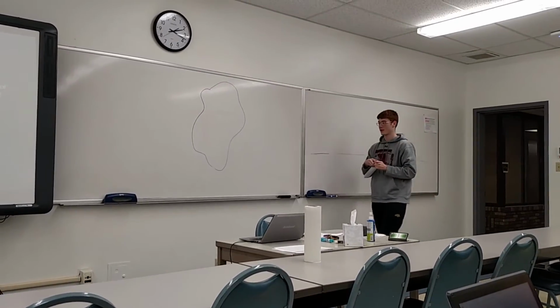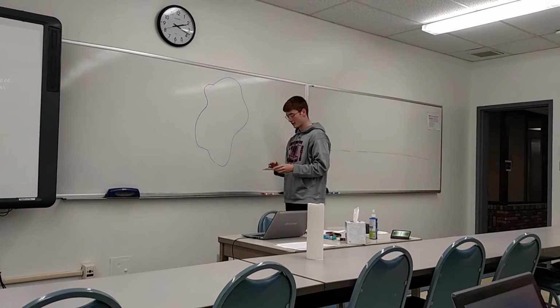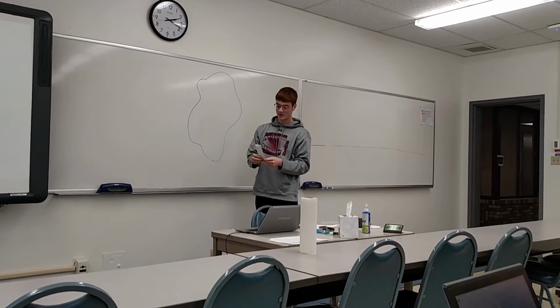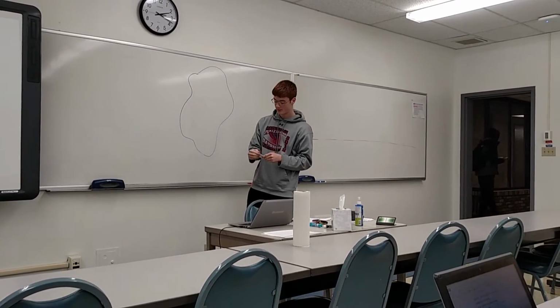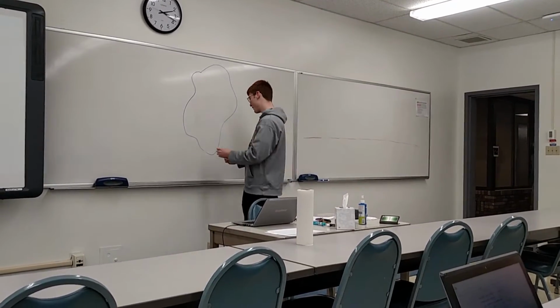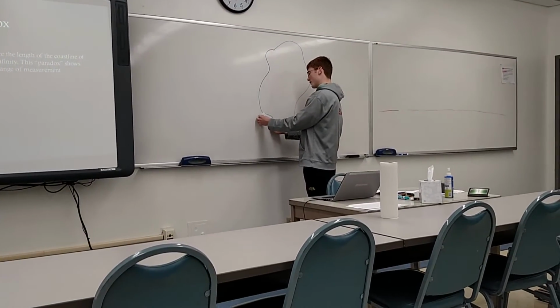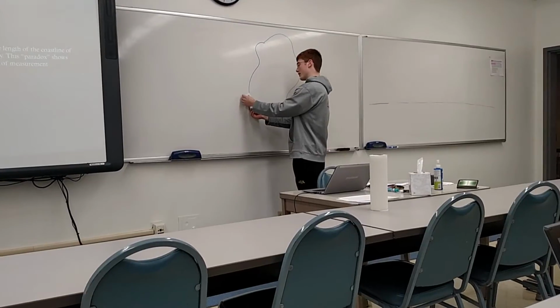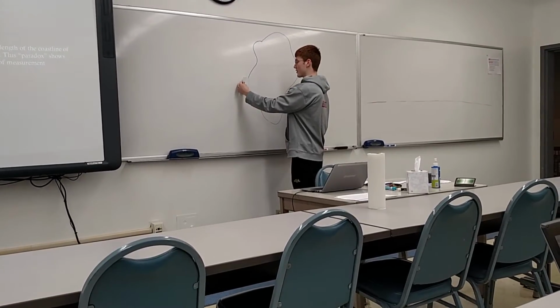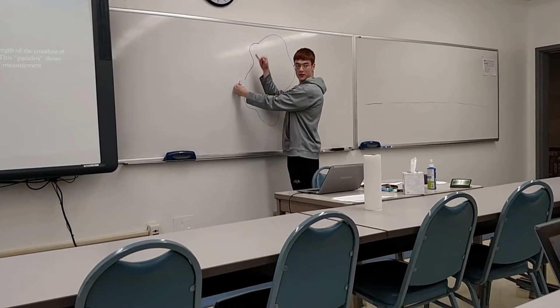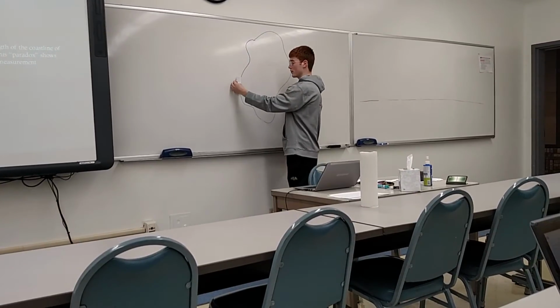If we're going to do this again, we use half the length of the measuring stick, so I'll just fold it in half here, and we'll measure again. So there's 1, 2, 3, and you can see since it's shorter, it fits along more of the curves around the length of the coastline.